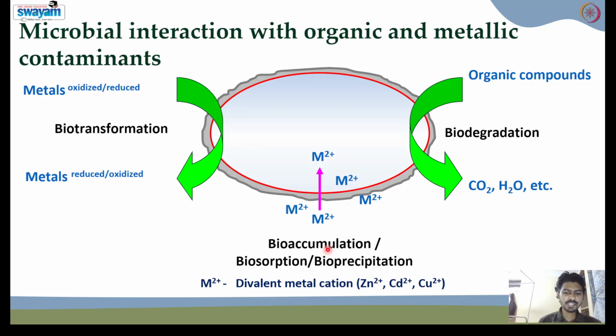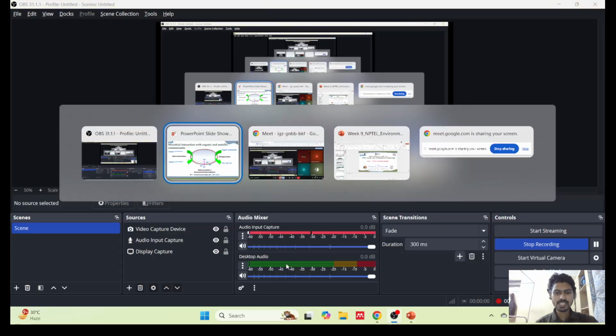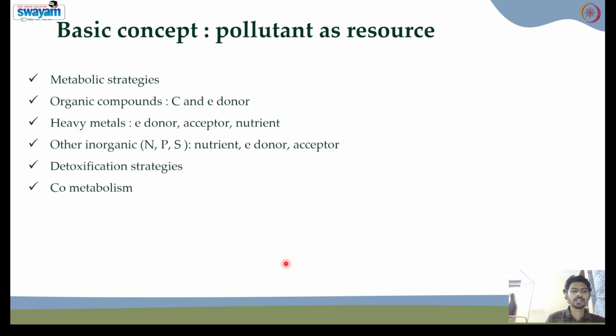Whereas in the third strategy, either they accumulate the metals inside, or they adsorb these metals onto their surface, or they precipitate the metals so that separation can be easier. So these are some of the interaction techniques seen with environmental pollutants.